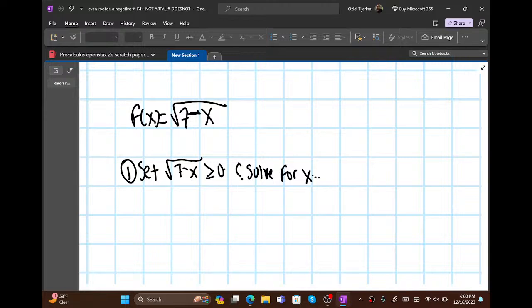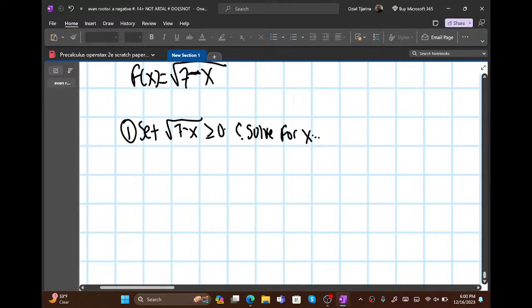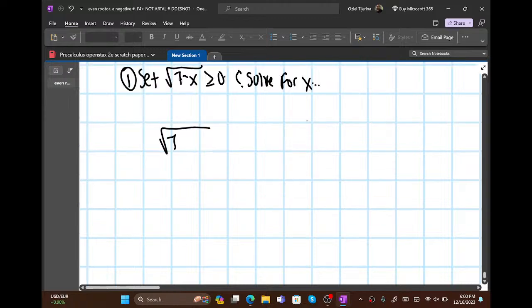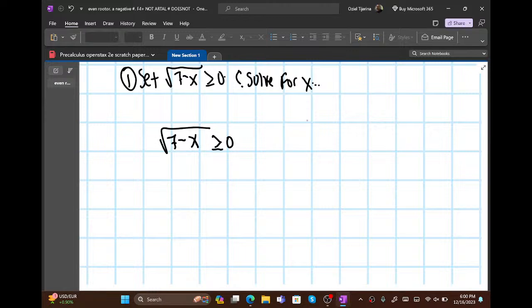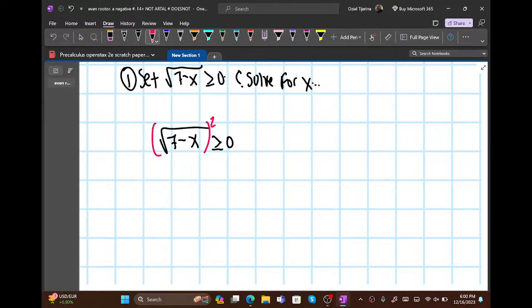So we're going to do that. I have the following: the square root of 7 minus x is greater than or equal to 0. To solve for x, we're going to square both sides. We want to remember that to get rid of a square root, we square it. So we have 7 minus x greater than or equal to 0.